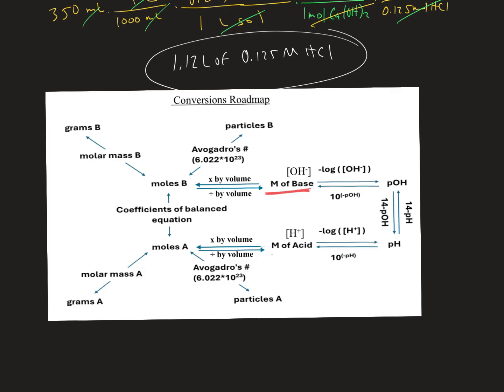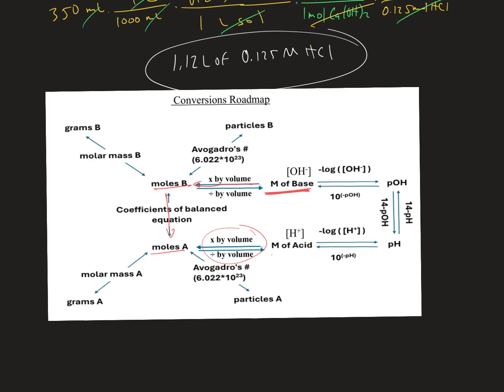I'm looking for the volume of my acid, so follow this arrow. I multiply my volume by the concentration, and liters goes away. Then I have moles of my base. Then I do the mole-to-mole ratio from the balanced equation, and I have moles of A.